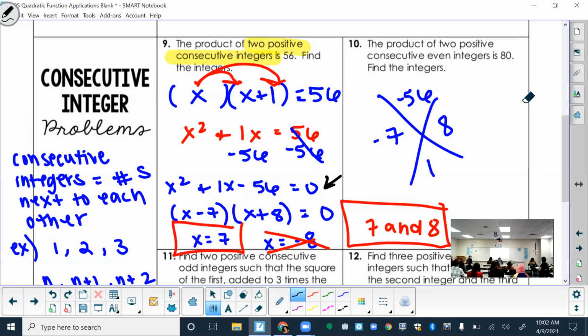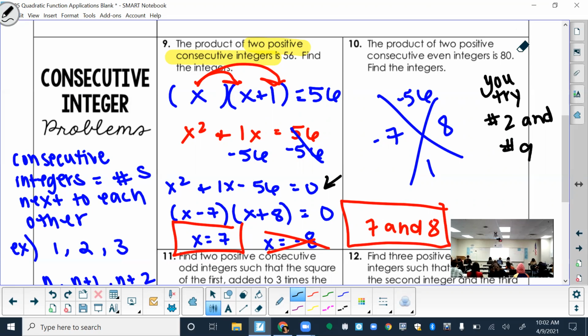For the U-try on your practice, you'll do number 2 and number 9.